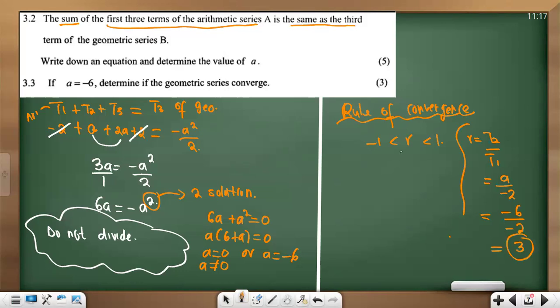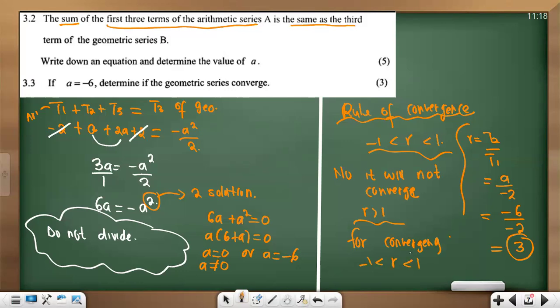You see, it doesn't lie between here. So we're going to say no, it will not converge. Why? Because R is greater than 1. For convergence, R should lie between -1 and +1.